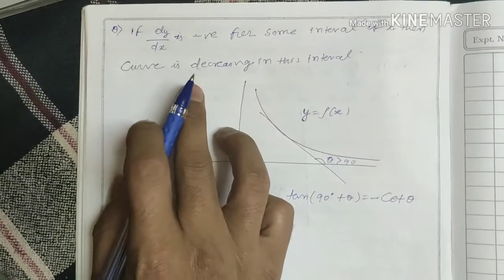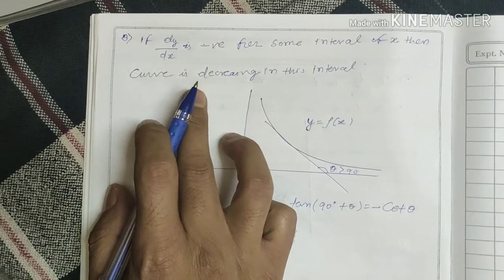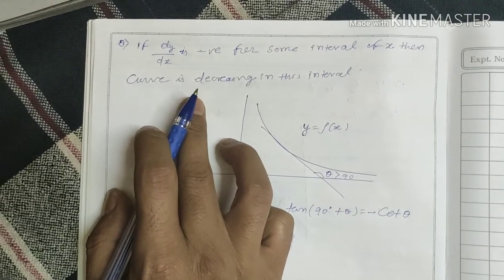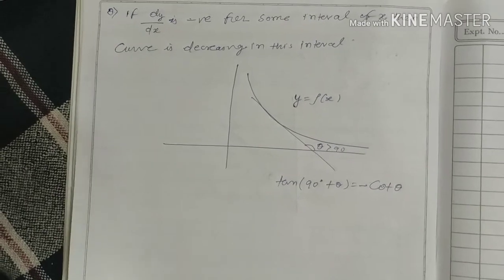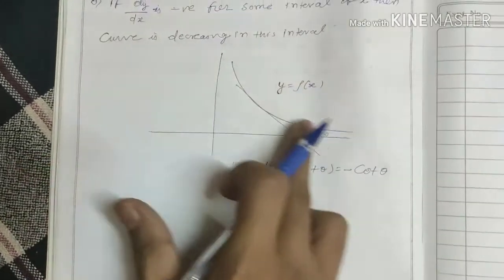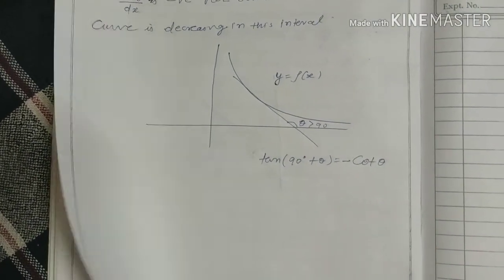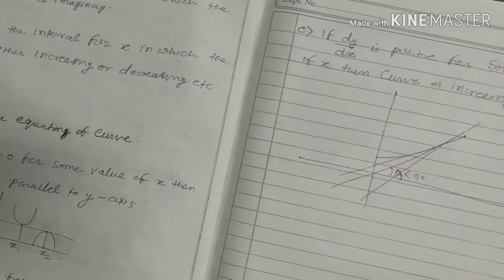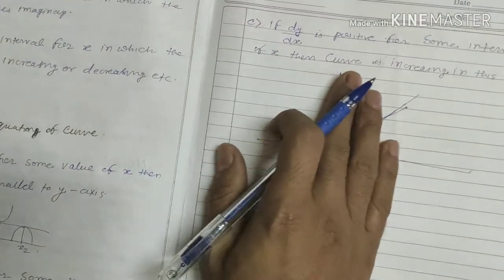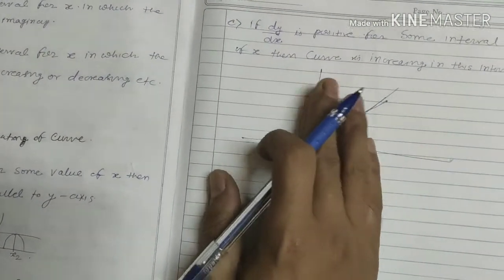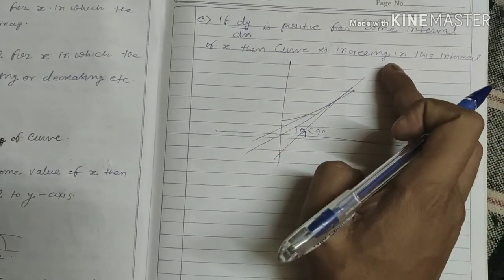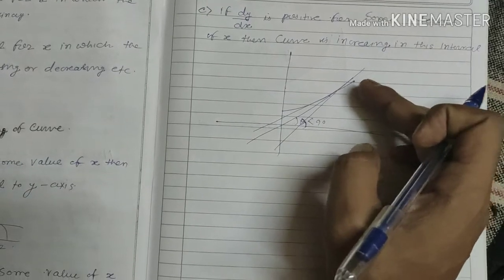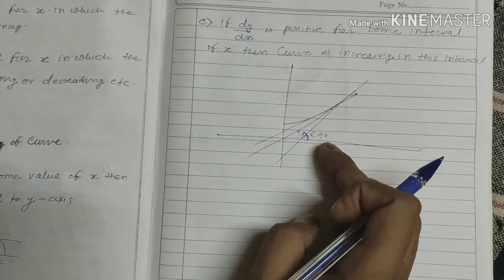So this condition says that if dy by dx is negative for some interval of x, then the curve is decreasing in this interval. The minus denotes that the curve is decreasing. And if dy by dx is positive for some interval of x, then the curve is increasing in this interval. Theta is always less than 90 degrees.